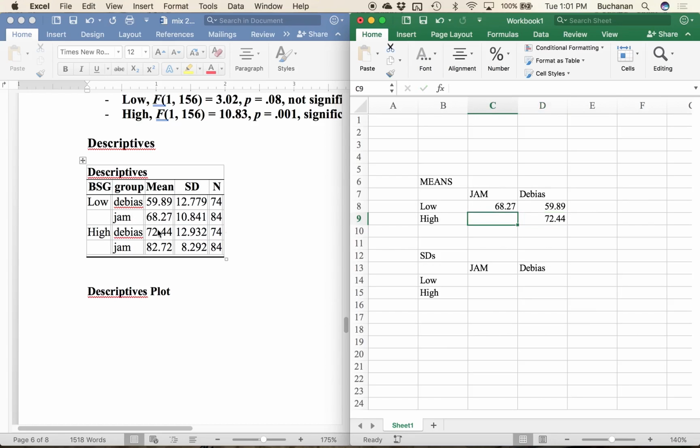Just trying to make sure I match them to the right box here. 82.72. Yeah, 12.78. Versus 10.84. And then 12.93 versus 8.29.